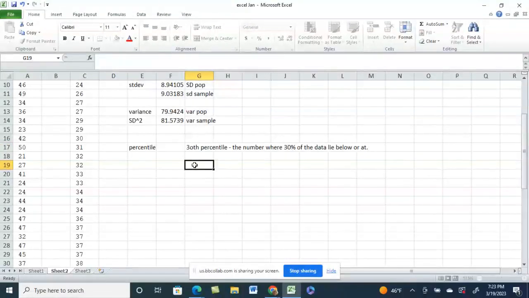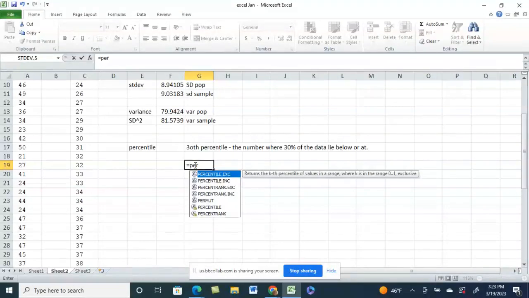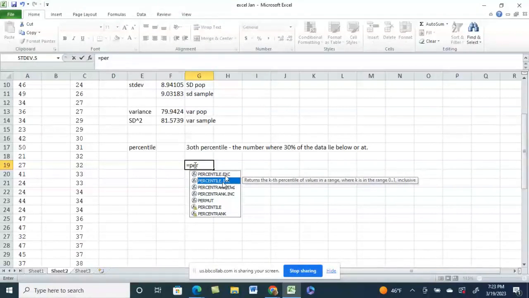So if I wanted to find the 30th percentile for this, or any percentile, you would just type in equals PERCENTILE.INC, inclusive, the INC. The EXC is exclusive, and that means it would just be below, not at that number.